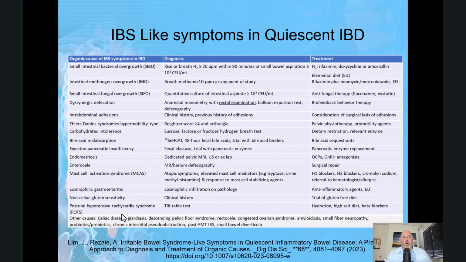So it's important to know, and you know this better than anyone, that IBS-like symptoms exist in IBD, and even if you're in remission, it's likely that you are experiencing ongoing digestive symptoms, and those symptoms can be discussed with your team.